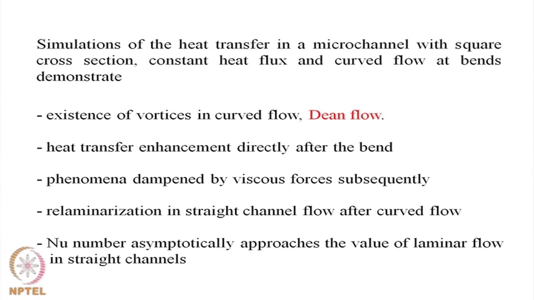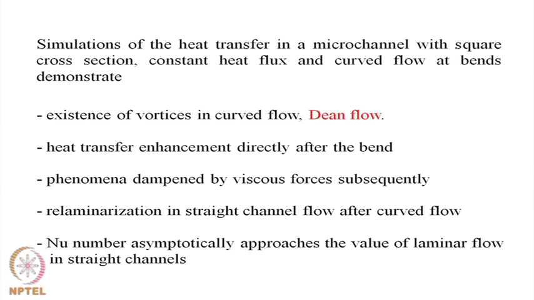If you have flow in a microchannel under constant heat flux condition, and there are bends present in the path, so there is a curved flow, what you see first is the existence of vortices at the bends, which is called Dean flow.